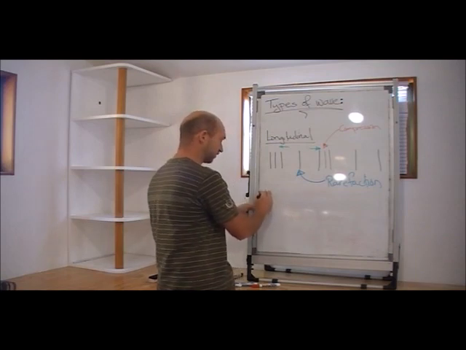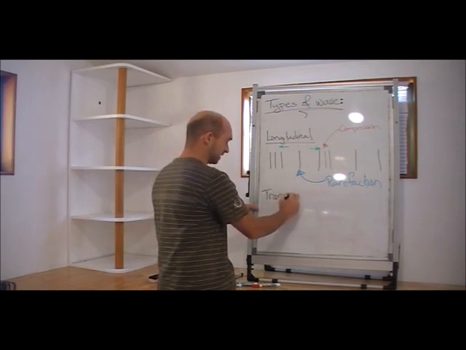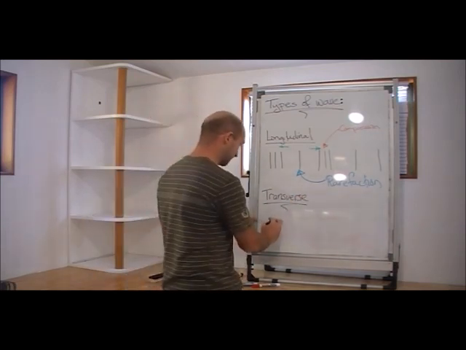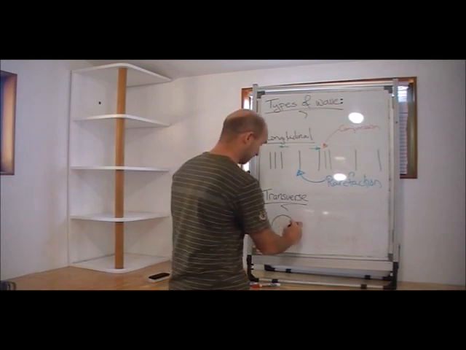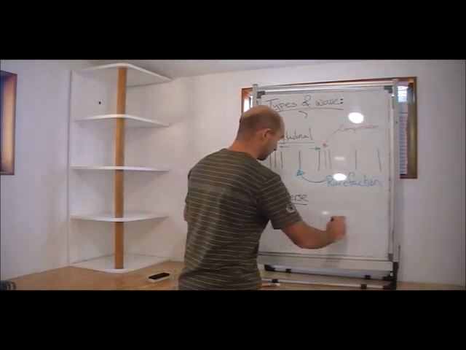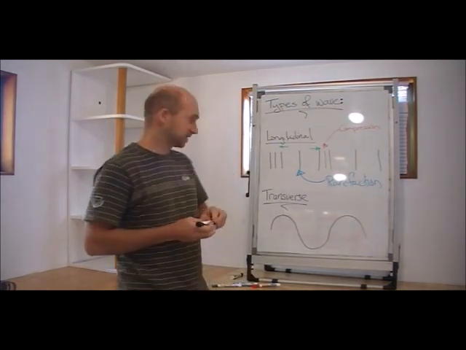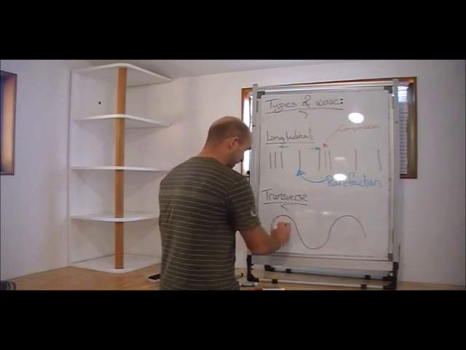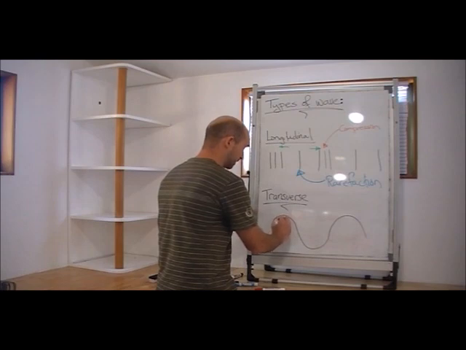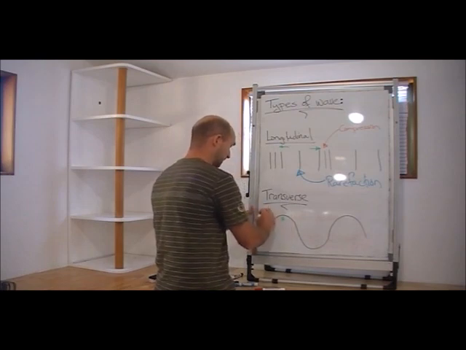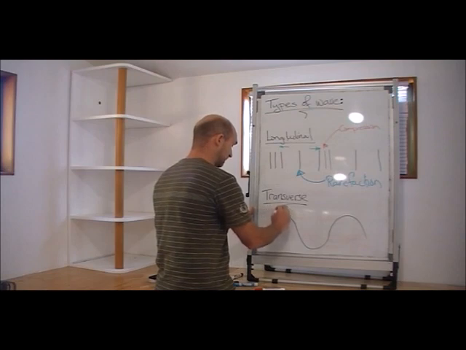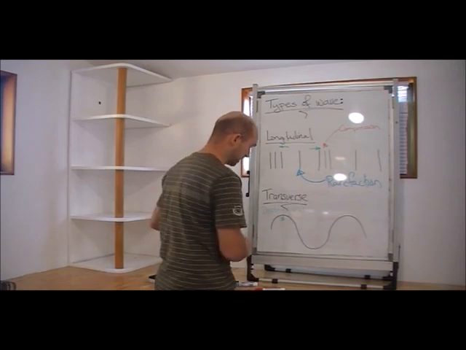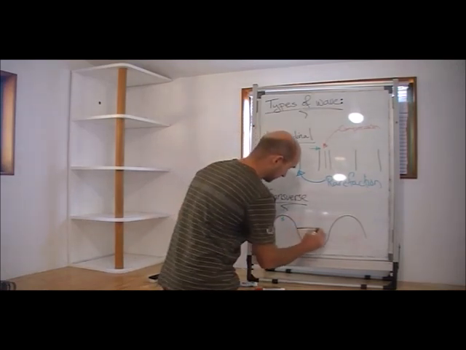With the transverse wave, that's much more like what we've been practicing drawing in class in the past. Check this out. It's when you have that beautiful sinusoidal shape, that classic wave shape, where the particles have been displaced this way, is the displacement, and the wave has travelled this way.